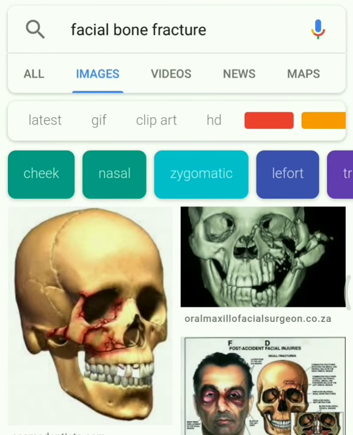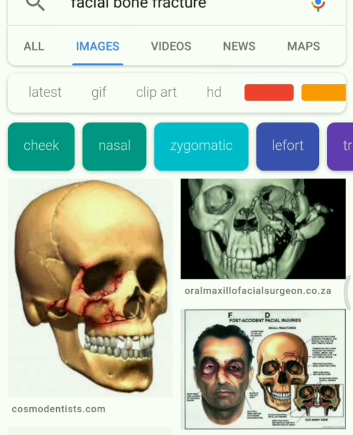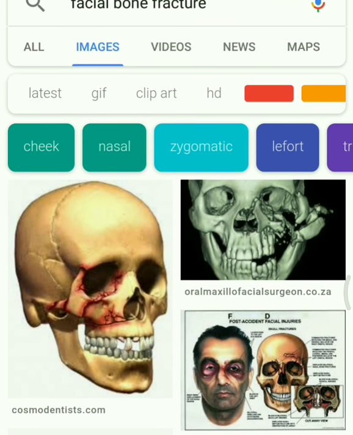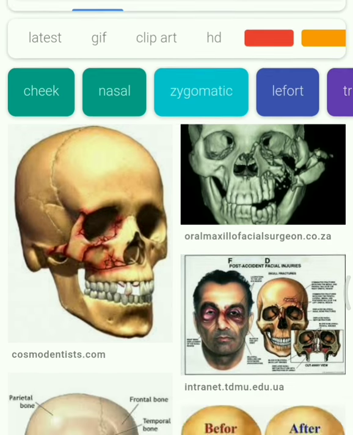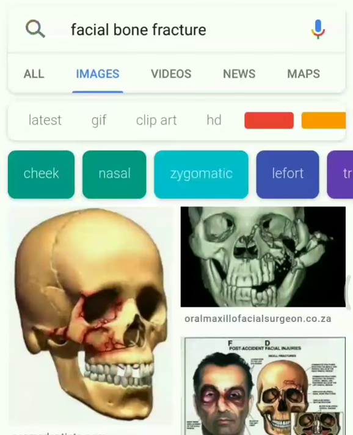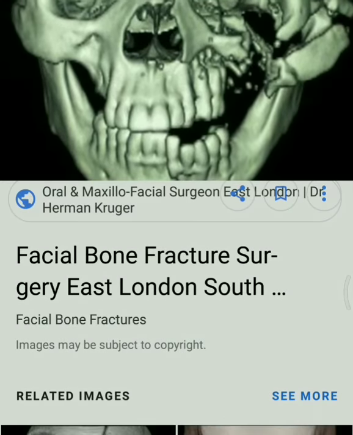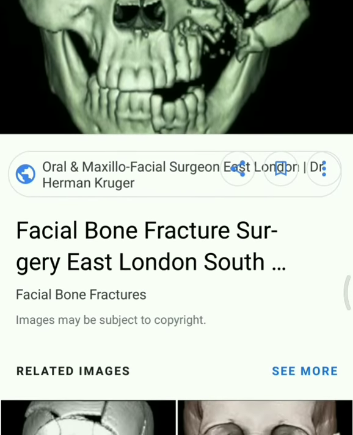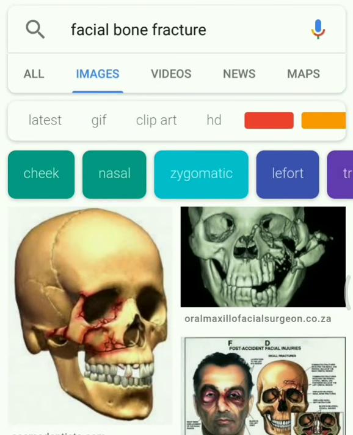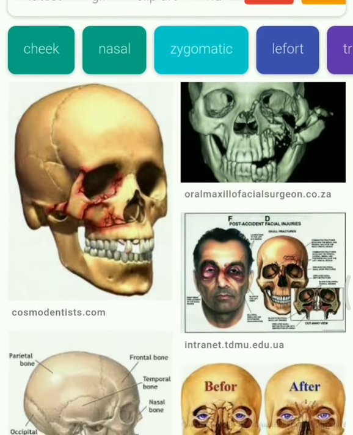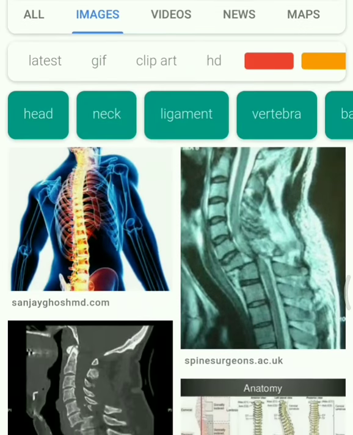The most common site of facial bone fracture is the nasal bone. The most common site of mandible fracture is the neck of the condyle.